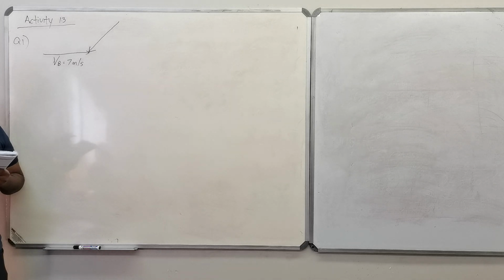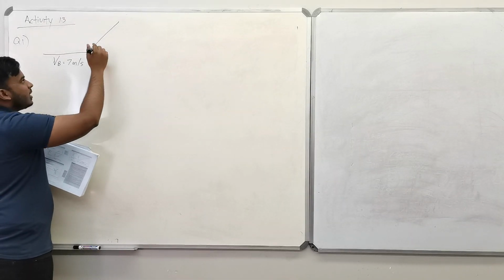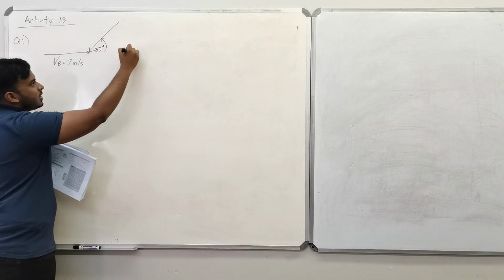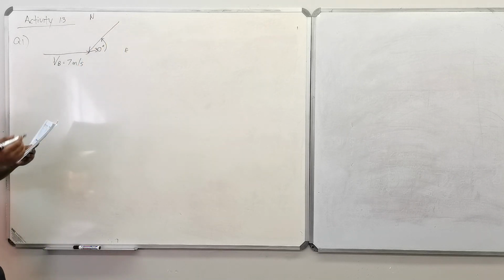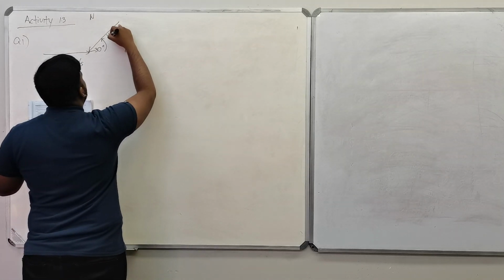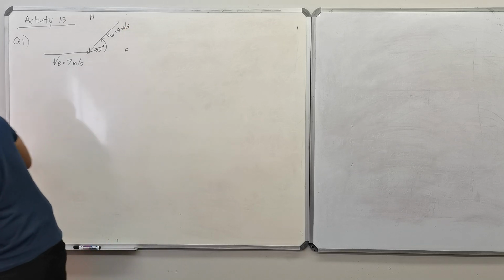Where will you write the 30 degrees? This side, because they're telling you east 30 degrees north. And the velocity of the wind is equal to 4 meters per second.